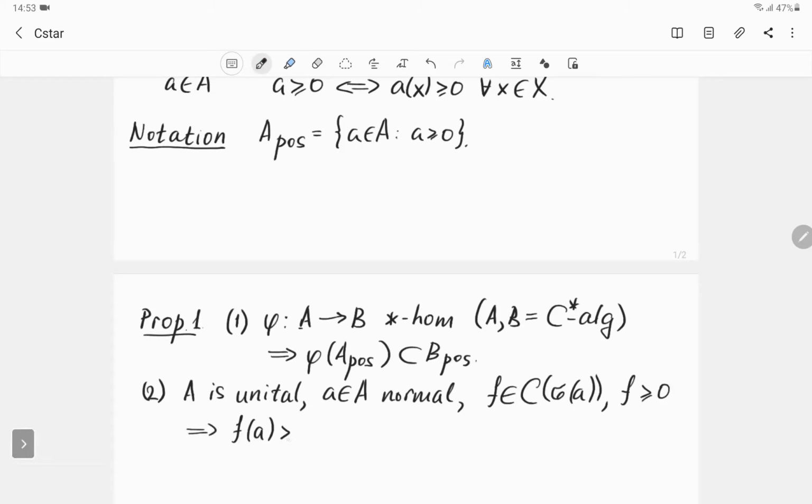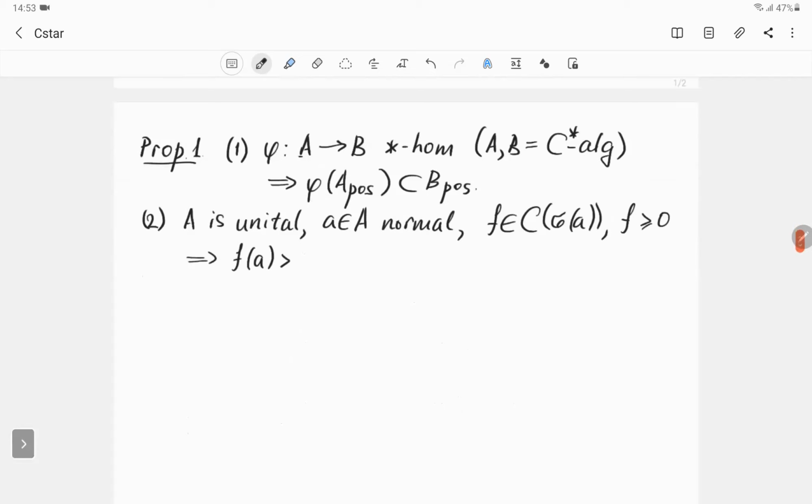So if we apply a non-negative function to a positive element, we get a positive element.